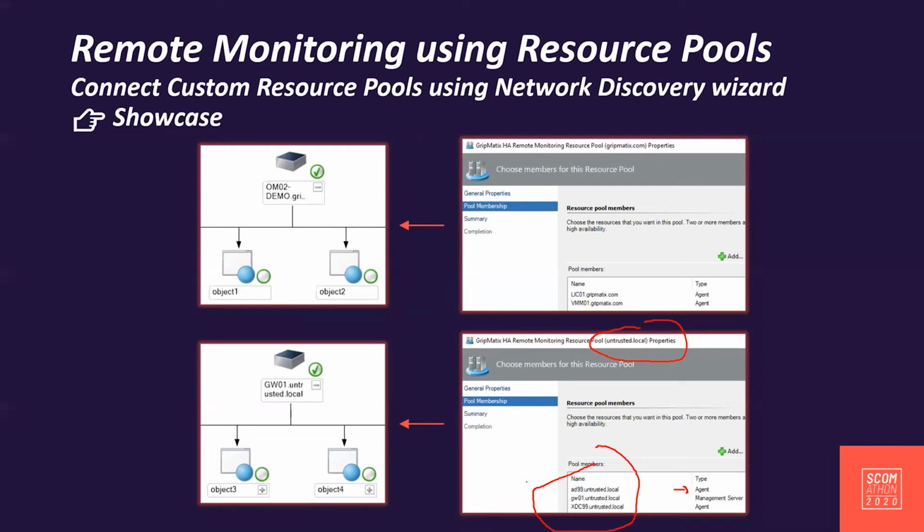Make sure though that when you're creating a resource pool for a non-trusted domain environment, you need at least 3 workers in that resource pool. It's just how SCOM works, otherwise no high availability.